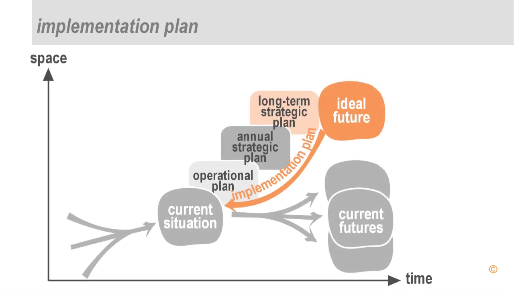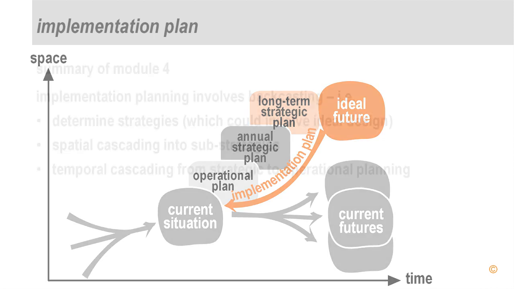We have illustrated implementation planning with this figure. Namely, once we've got the ideal design, we determine the different implementation strategies and through cascading into sub-strategies and down into action plans, we will end up with longer, maybe medium-term, annual strategic plans and an immediate operational plan.